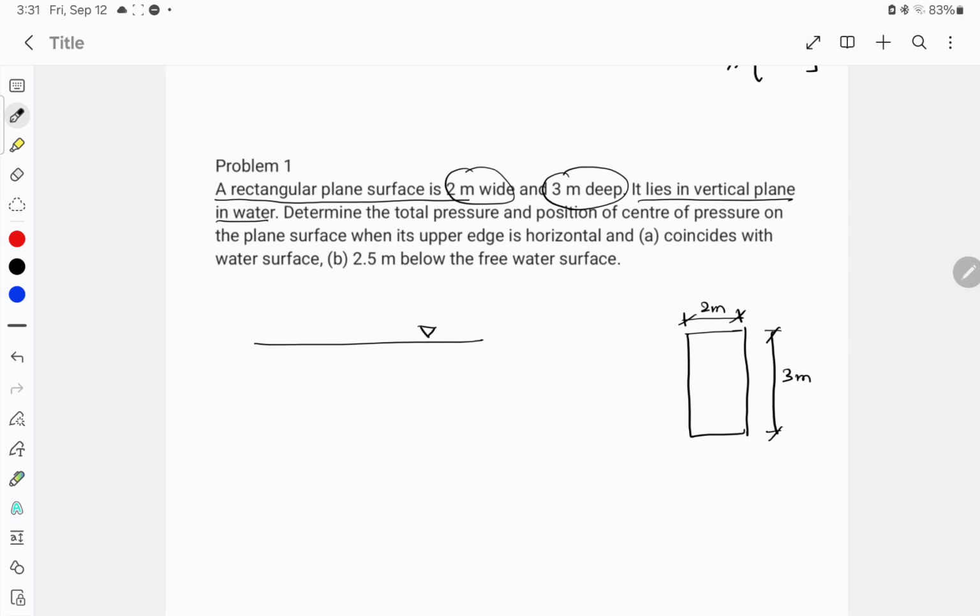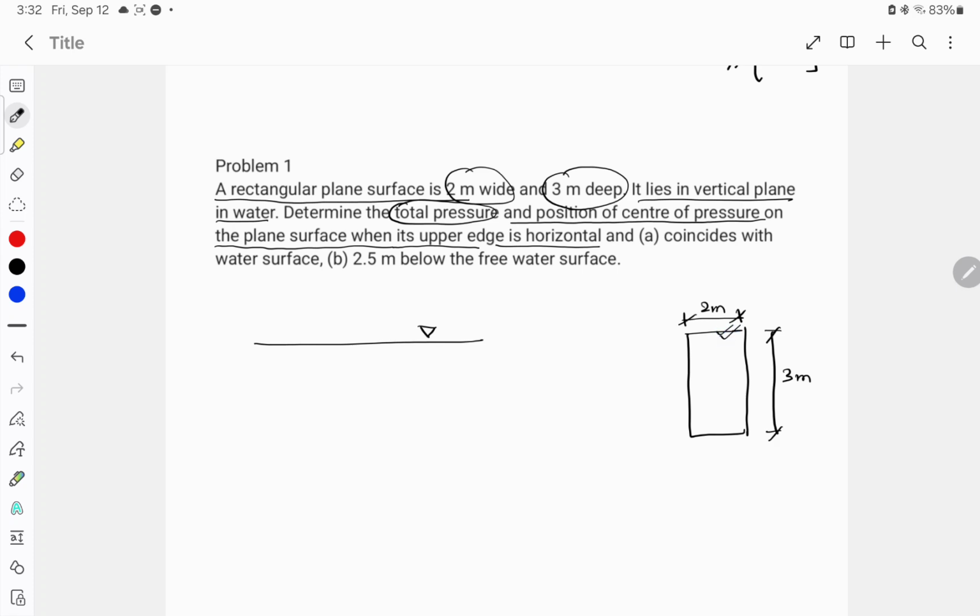Okay, they are asking for the total pressure and the position of the center of pressure on the plane surface when its upper edge is horizontal.